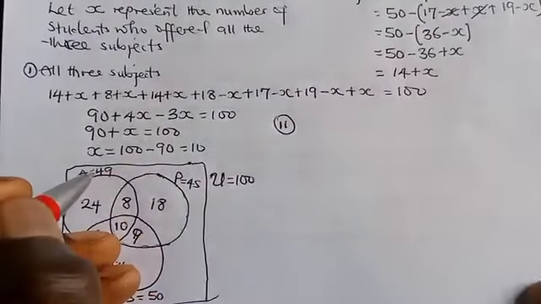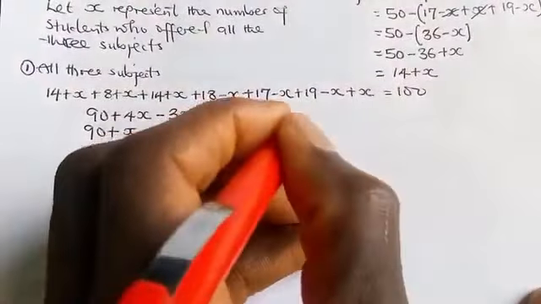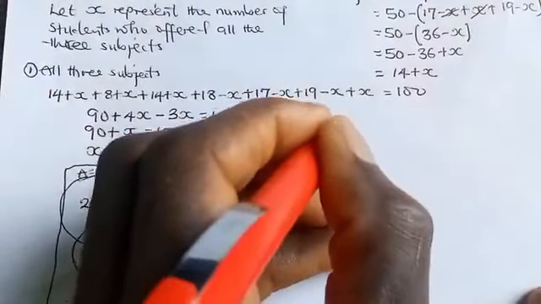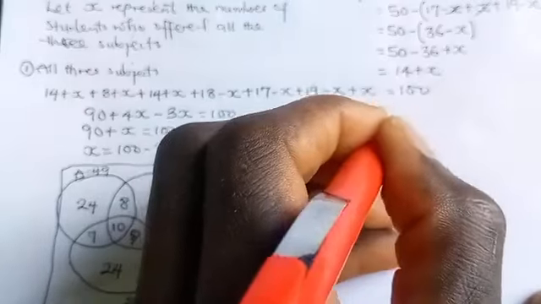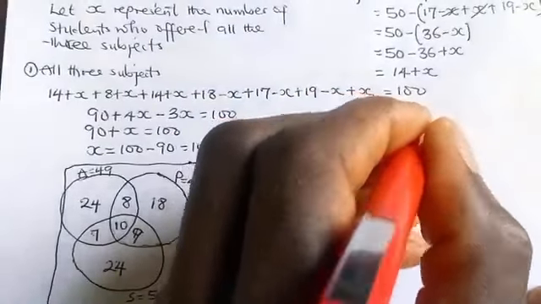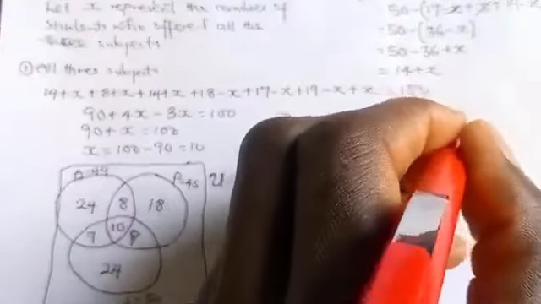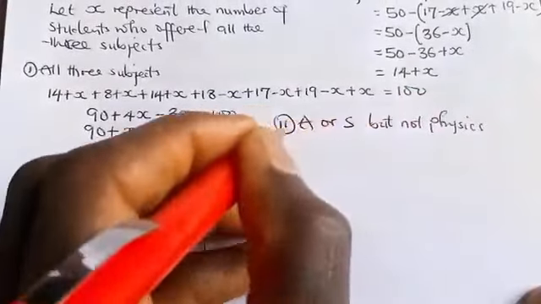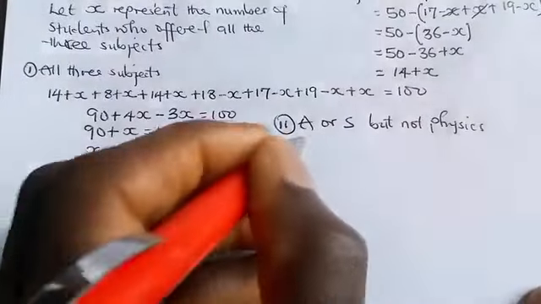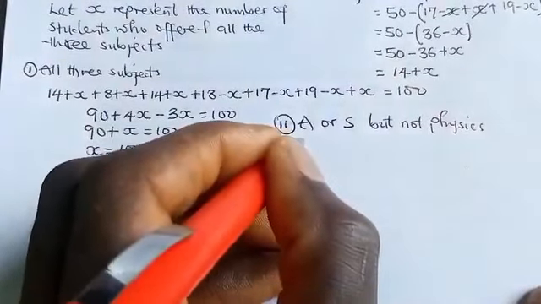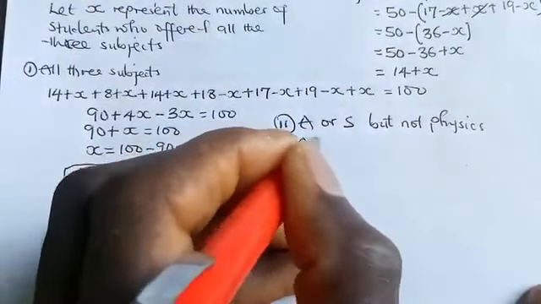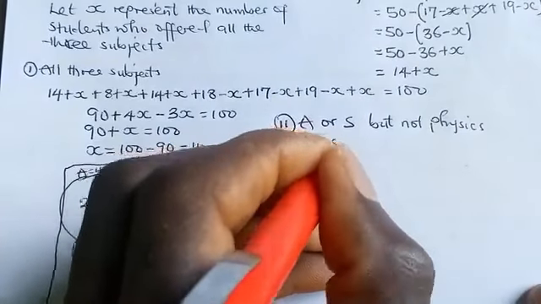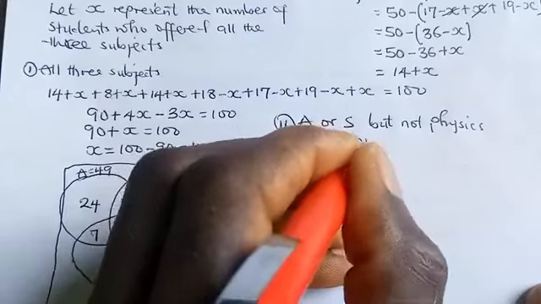So algebra or statistics but not physics is equal to, you have A union S intersecting P prime.